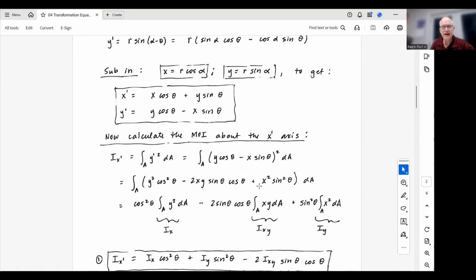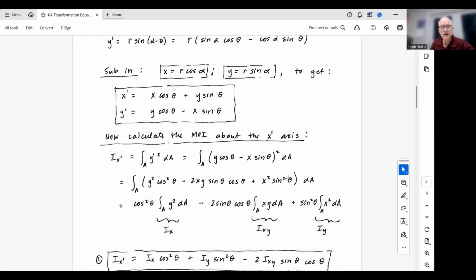If you multiply dA through all of these terms, remember theta is constant, theta is given. So the theta terms can come out of the integrals. So this first term is a cosine squared theta times the integral over the area of y squared dA. But that's Ix.